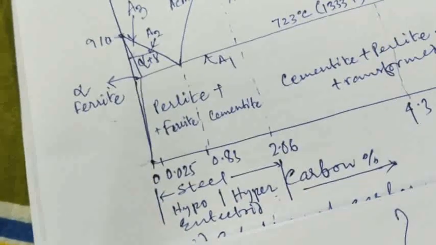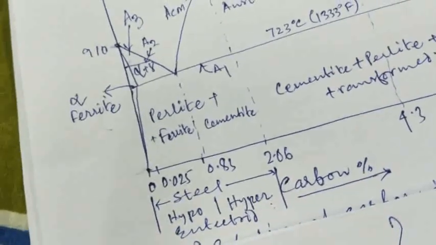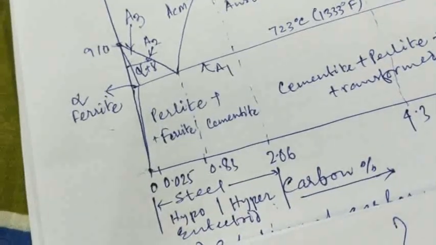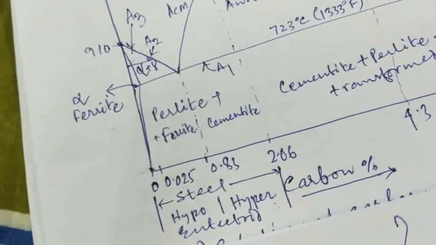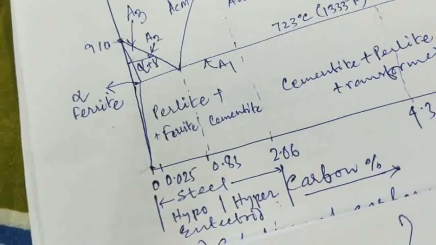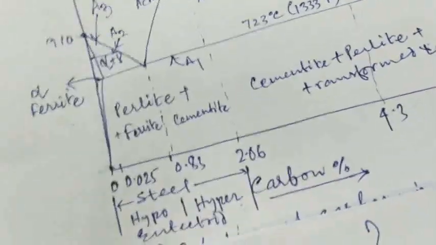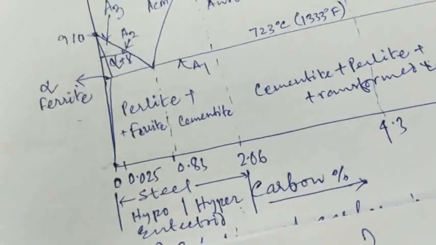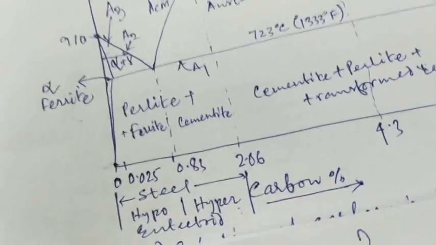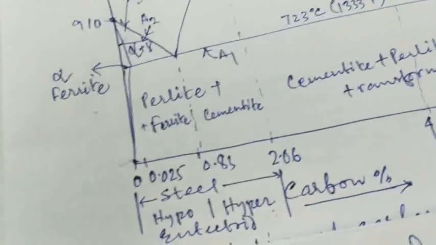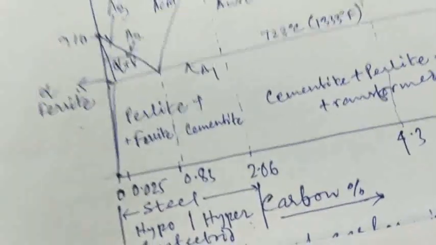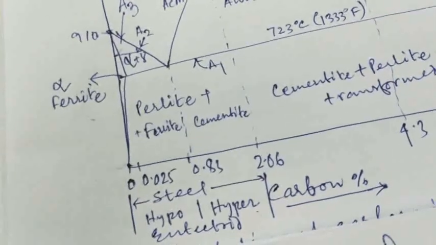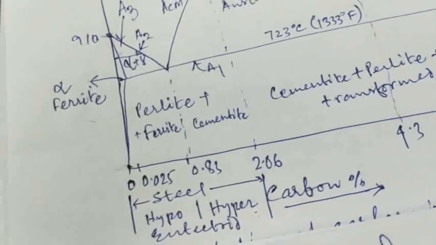Objectives are the same as complete annealing. It is suitable for more stable steel: high carbon steel with carbon content greater than 0.6%, alloy tool steel, and high alloy steel with carbon content greater than 0.1%.